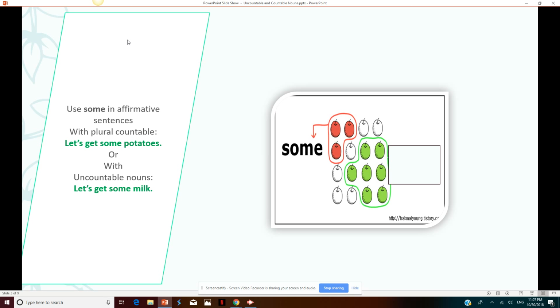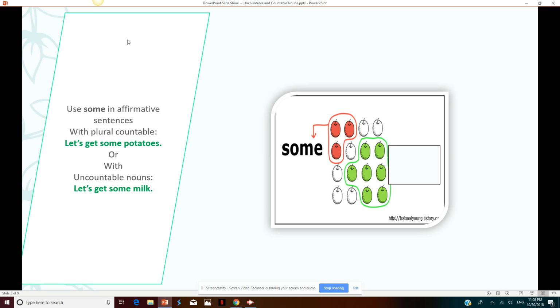We're only going to focus on affirmative sentences. When we don't want to mention the number of the items, we use the word some. And remember, the key to making good sentences is that we use some in affirmative sentences.